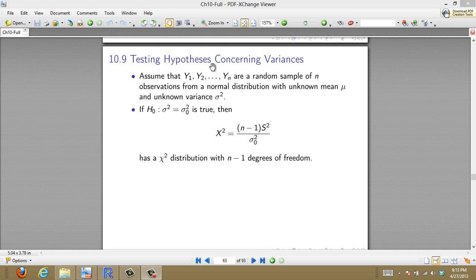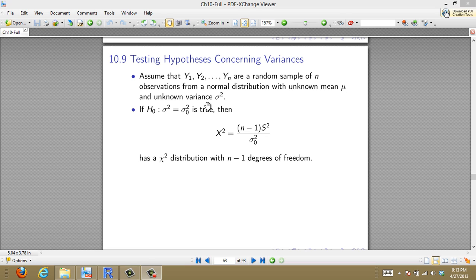So this is a really important assumption. So we have a random sample of data from a normal distribution, and the population has unknown mean mu and unknown variance sigma squared. Whereas before, in the previous sections of this chapter, we were interested in statistical inference about the population mean, in this particular section, we're actually interested in inference about the population variance sigma squared.